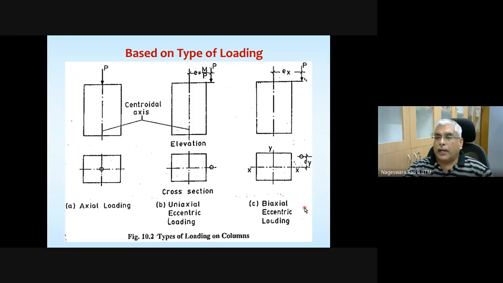Depending on the type of loading, here it's going to be subjected to pure compression. Here it's going to be subjected to compression as well as uniaxial bending along one of the directions, bending with respect to one of the axes. Here bending is going to happen with respect to both the axes. So axial compression along with bending along both directions.